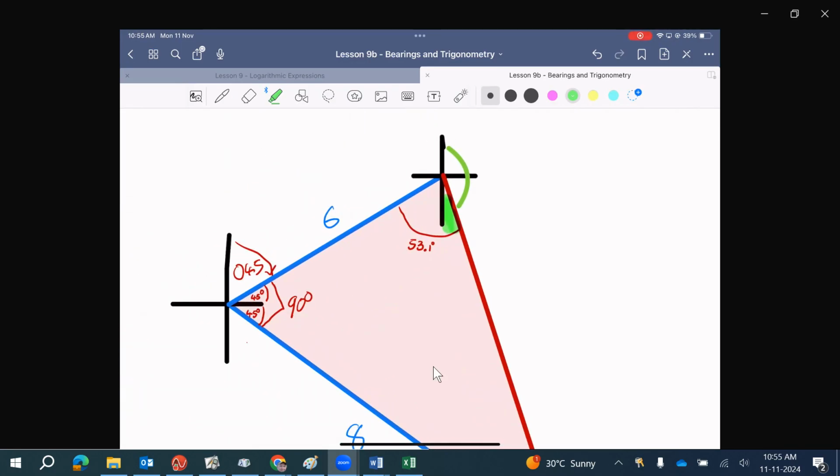Now we can again use our parallel lines. We've got one there, we've got one there. The angle that we're trying to remove is this one here. That one is alternate to this one here. There's another Z. So the one that we're after is going to be 45 because this is also 45.